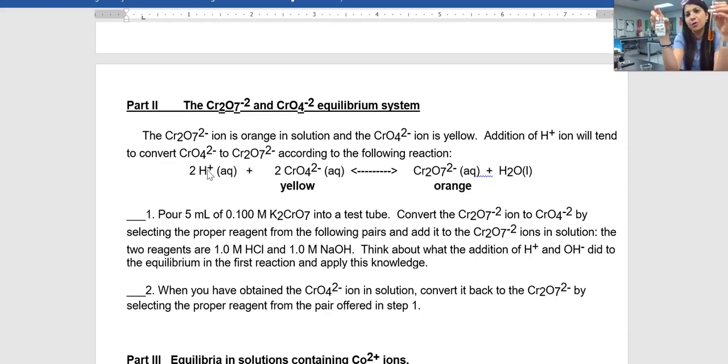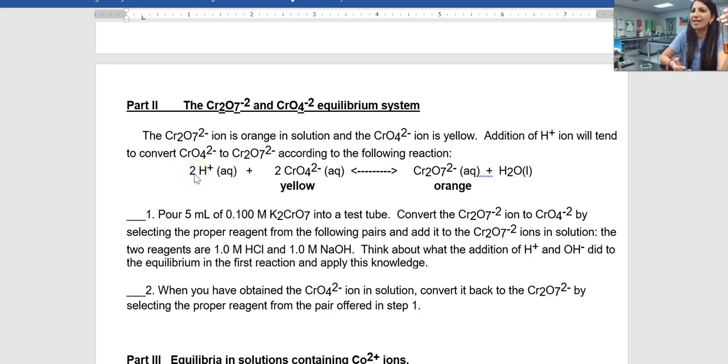Well, that's not true, because the cool thing about acids and bases is that the H+ and the OH- actually want to come together to form water, H2O liquid. So if I add NaOH, the OH- will attach to the H+, which is similar to removing the H+. You're removing H+, taking it away.